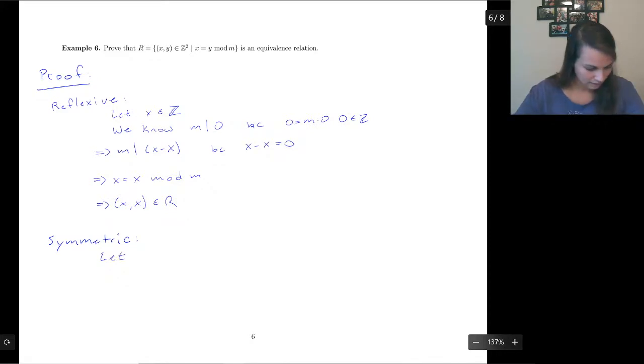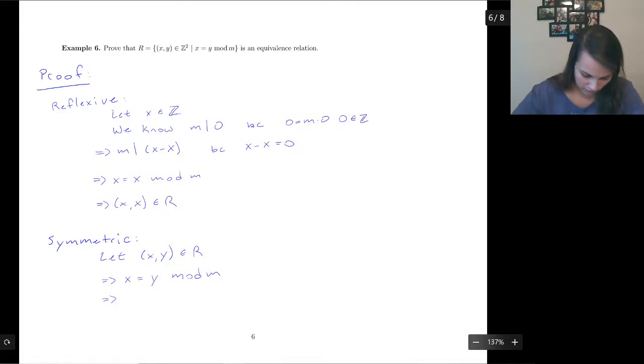Let (x, y) be an element of R. Then we're going to apply what it means to be in R, which is the modulo stuff. x equals y mod m.